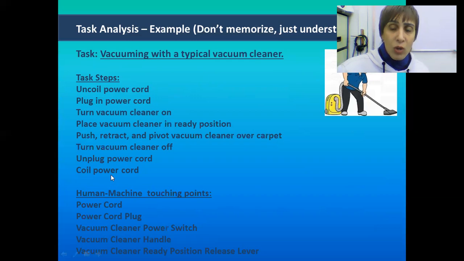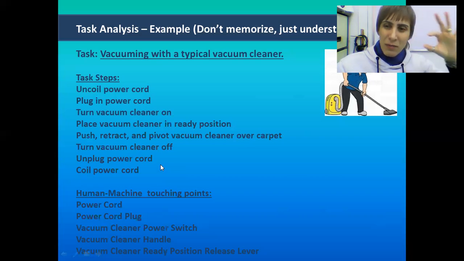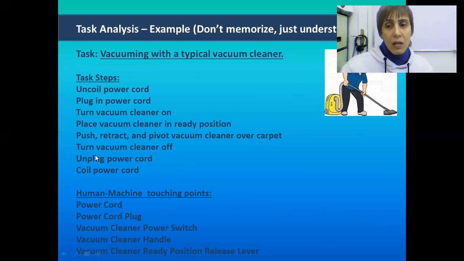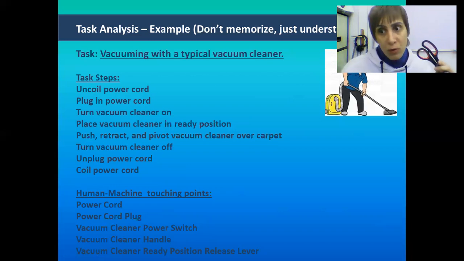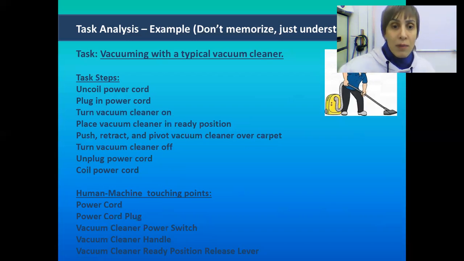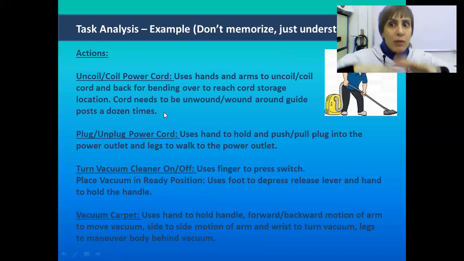Here we have also outlined the human-machine touching points, but there is no action here. It's like identifying, okay, my hand touches this part, or this finger touches this part of the product. That's it. But when we have the actions, we explain the situation.